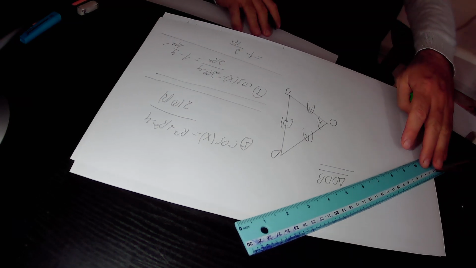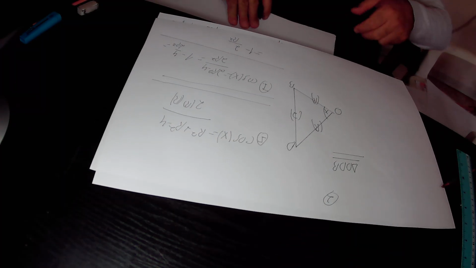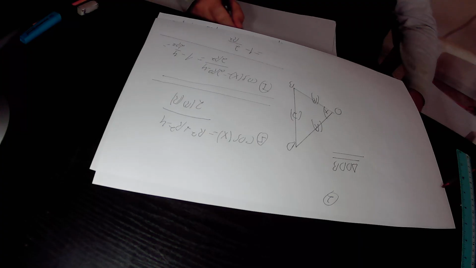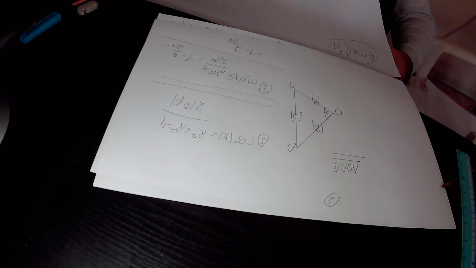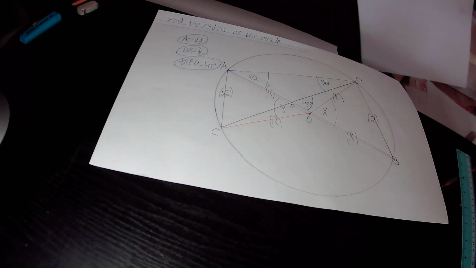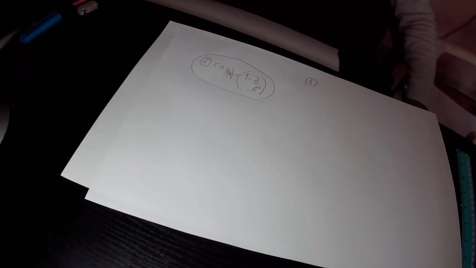So in conclusion, according to equation 1, cosine x equals 1 minus 2 over R squared. Repeat again: we have found that according to equation 1, cosine x equals 1 minus 2 over R squared.